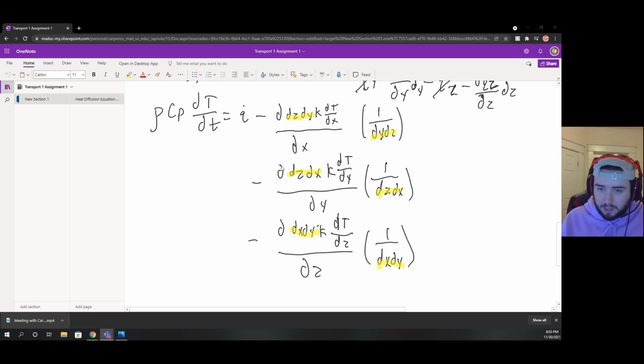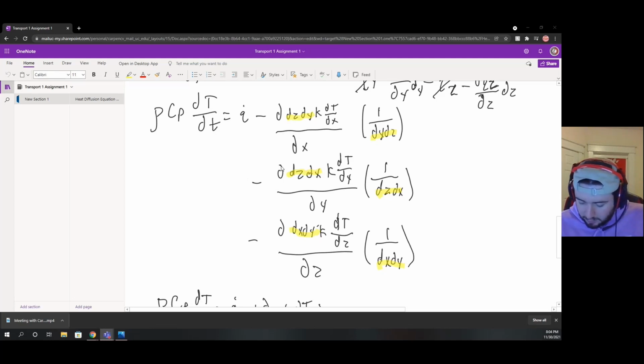So we're going to rewrite our equation here. So it's going to be the density times the heat capacity times change in temperature over change in time equals Q dot minus partial differential in terms of x times dT dx, and we ended up bringing k out front.